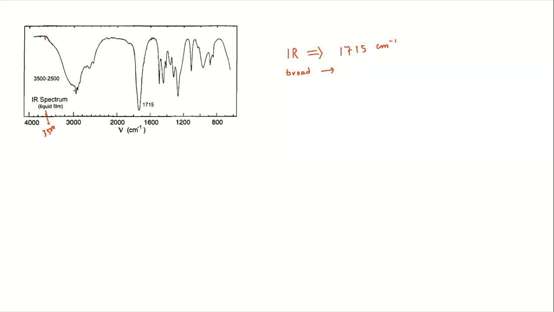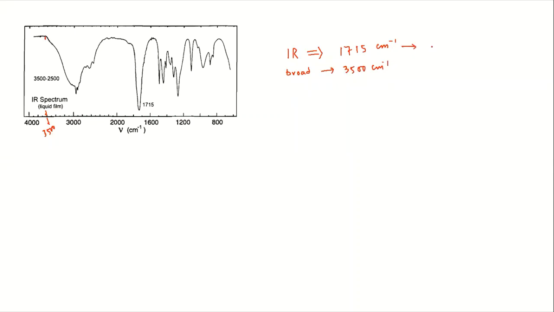The big hump extends and merges with the other peaks around 3000. So you can extract information from this.